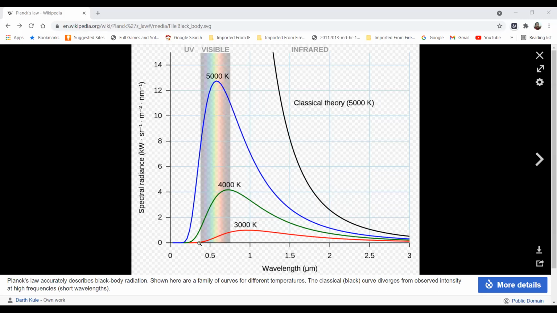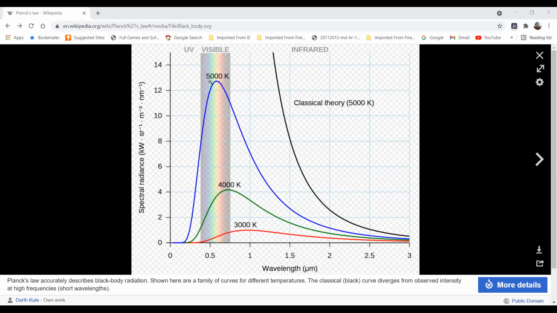Okay, so this is observed for different temperatures here. It is observed that the increase in temperature makes the energy density curve shift towards the lower wavelength side. The peak value of the energy density shifts towards the lower wavelength side. And here the visible region is observed. This band shows the visible region. So a black body emits radiation in the visible region if its temperature is around 5000 Kelvin.